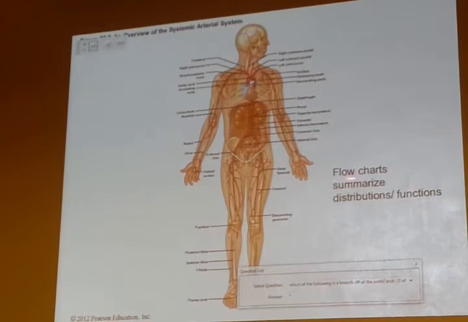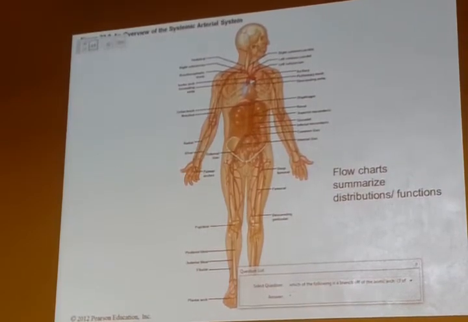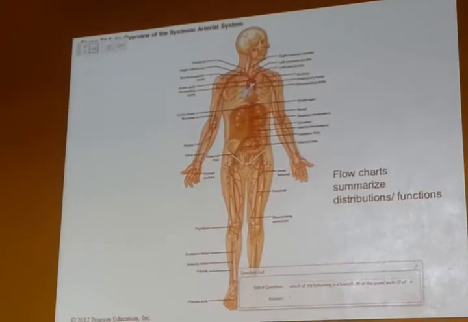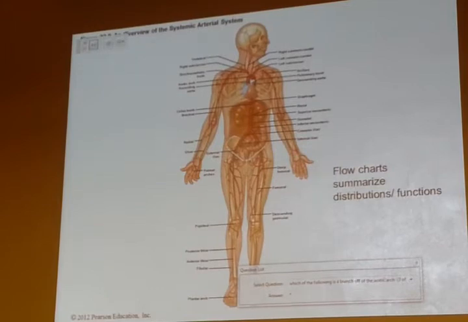The flow charts that come in your chapters are really good study points, because they tell you what the artery's name is, and then they tell you where it's distributing blood and what tissues it's distributing blood to.